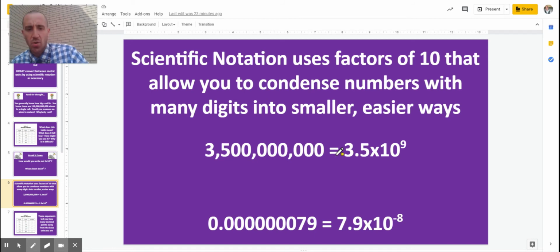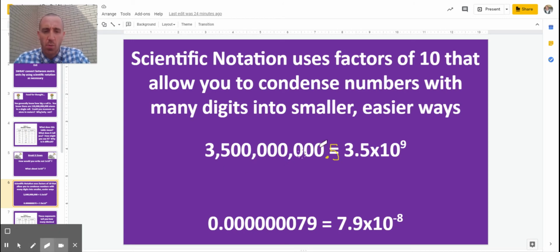So here's the deal. Right now, when you write 3,500,000,000, there's a decimal point right here. And let's say it was like 3,500,000,000.5, you would put a little 5 in here, right? But there is no 5, so the decimal point is right there. So the question becomes, how do I get this out of that?